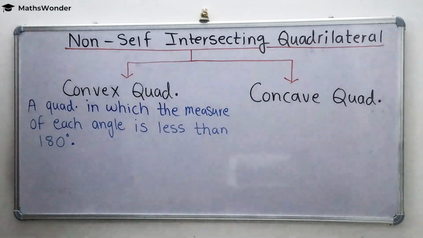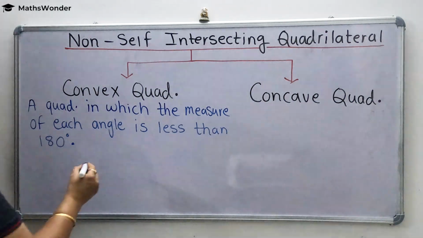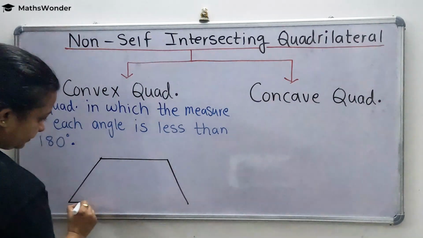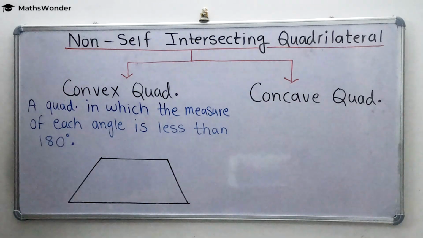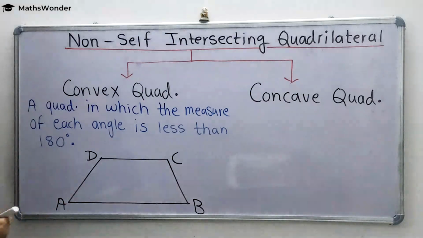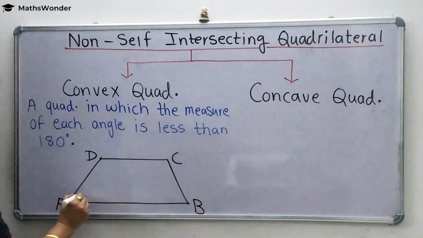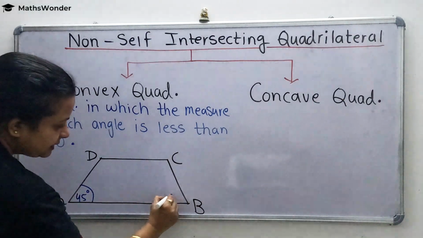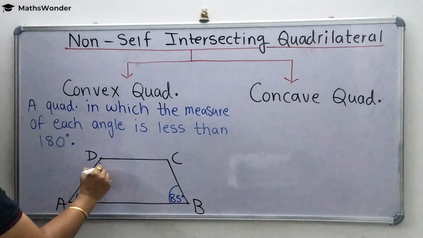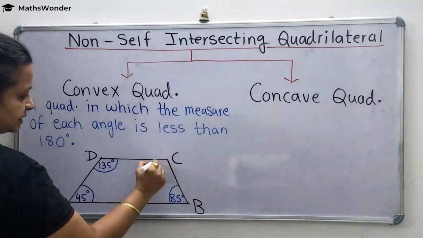So what is the figure of this? Now I am drawing the figure. Okay, now this is the quadrilateral. Which type of quadrilateral? Convex quadrilateral. Now this measure is 45 degree, this measure is 85 degree, the upper one is 135 degree and this is 120 degree.